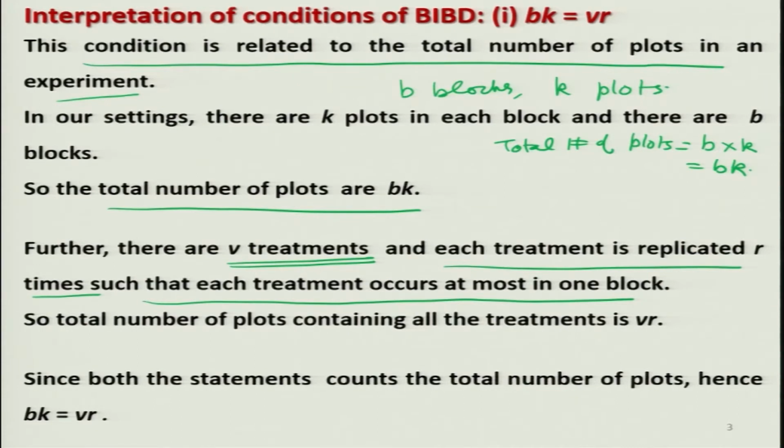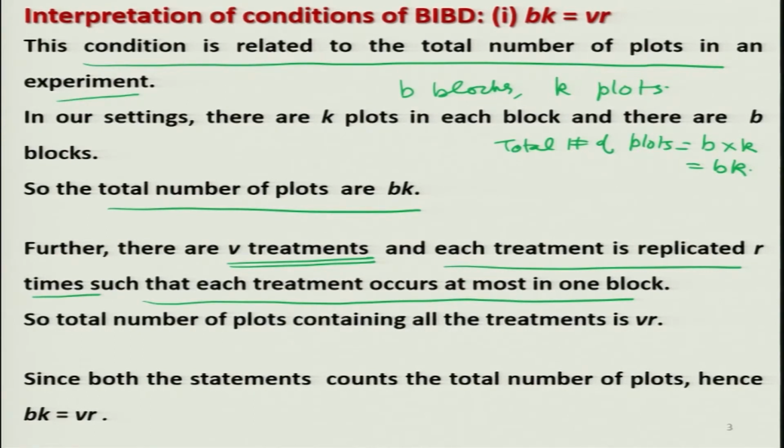If I ask you in a much simpler way, where are you going to give these treatments? These v treatments, each treatment being replicated r times such that it occurs at most 0 times or 1 time. Where are you going to give these treatments? Obviously, the answer is to the plots.